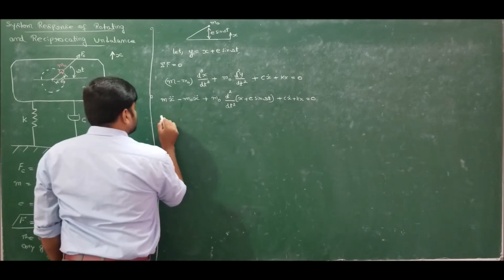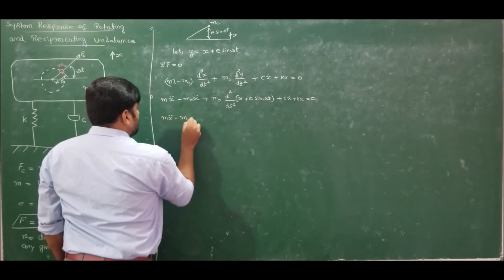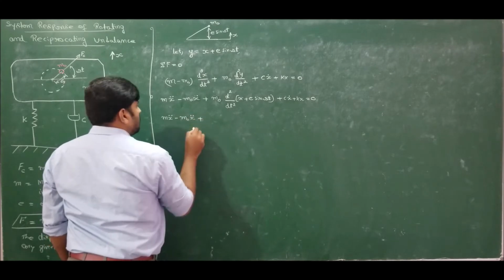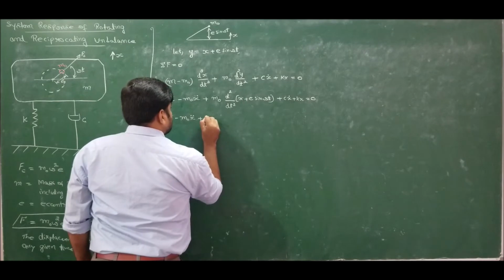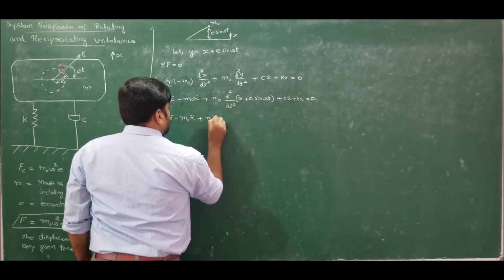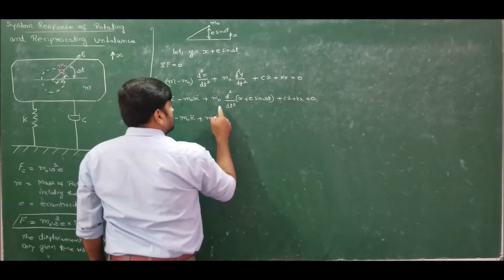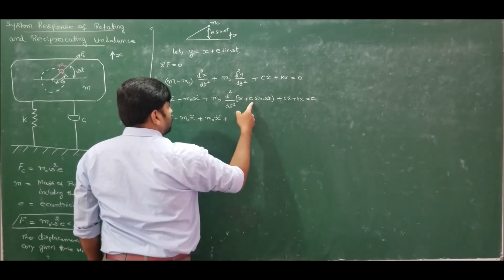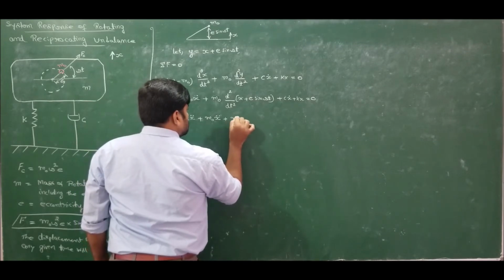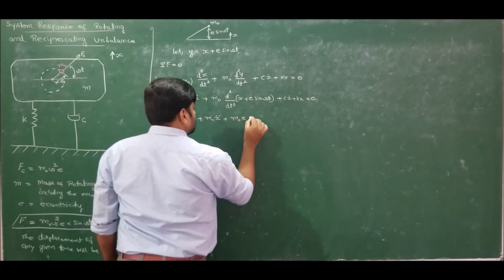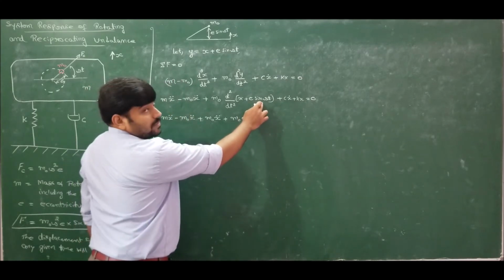Now simplify this. I will get m x double dot minus m naught x double dot plus, since the second derivative of displacement is acceleration, m naught x double dot plus the differentiation of this twice. So e is constant, that is m naught into e. Now the first derivative is cos omega t into omega.